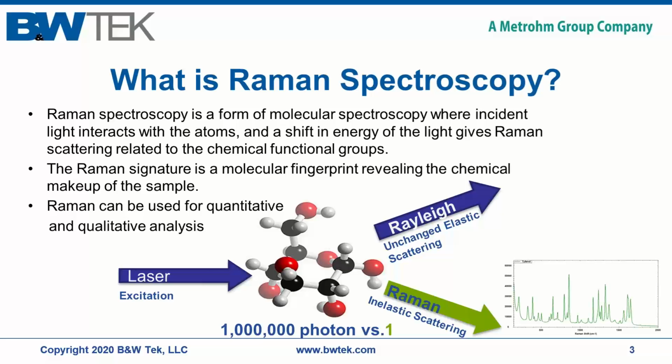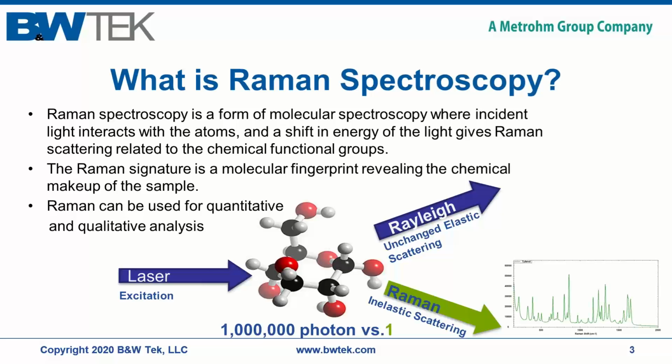Many of you may have used FTIR and studied it in school, and hopefully some of you have also done the same with Raman spectroscopy. It is a form of molecular spectroscopy complementary to FTIR, wherein we use an incident light, a laser, to excite the molecules, and some undergo an energy shift, which is then collected in terms of the scattered light.